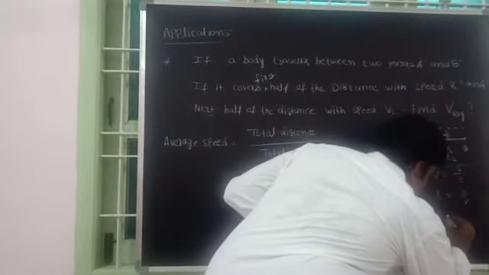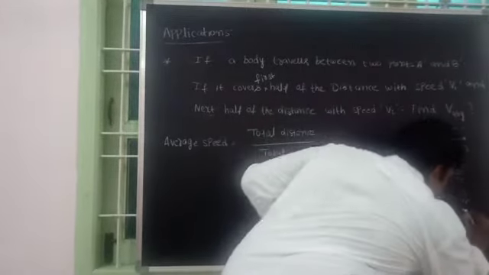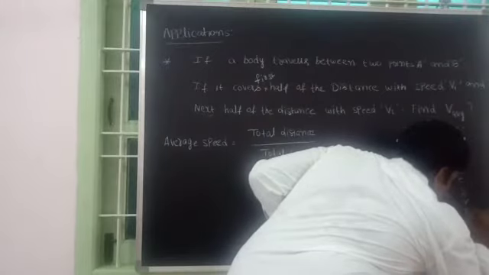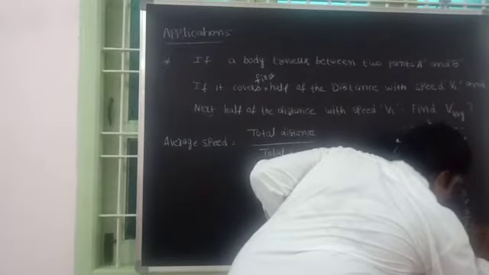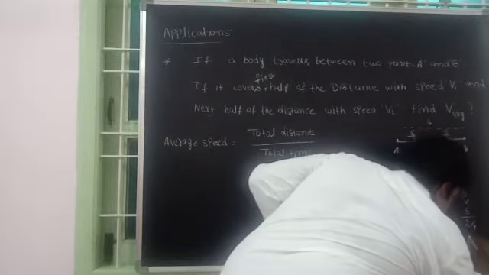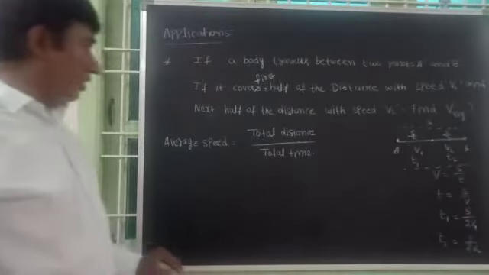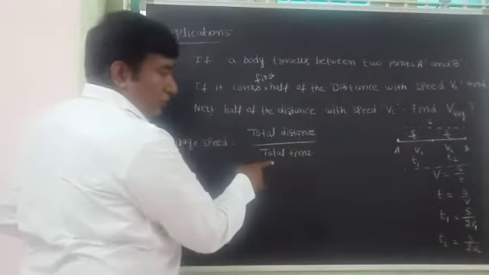So t1 equals S by 2 divided by v1, which is S by 2v1, and similarly t2 equals S by 2v2. Now I know the total distance and the total time.